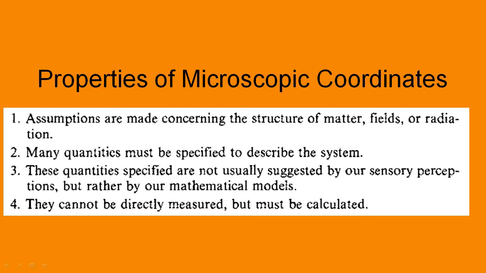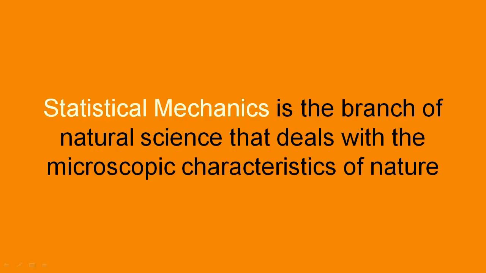So what we are doing is taking the statistical average, and it cannot be directly measured; you have to calculate it. Statistical mechanics is the branch of natural science that deals with the microscopic characteristics of nature. That means you are taking the average or the statistical properties.